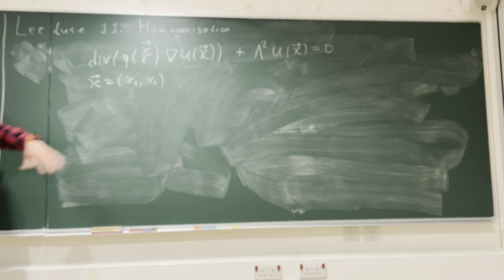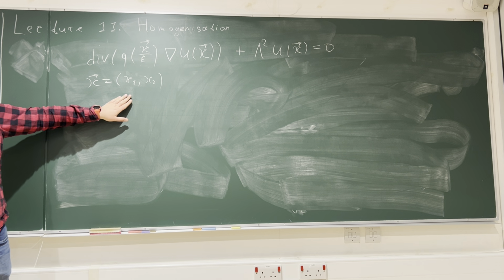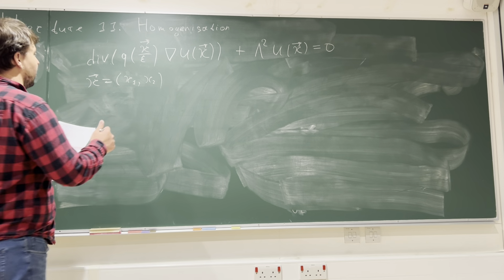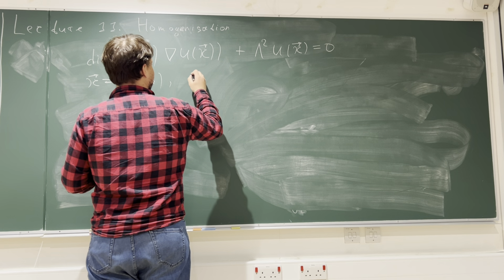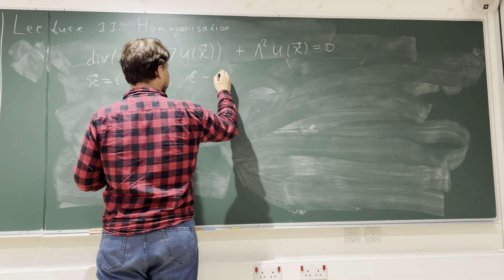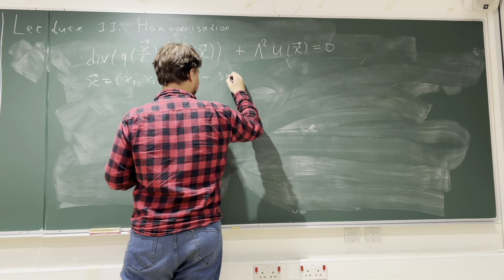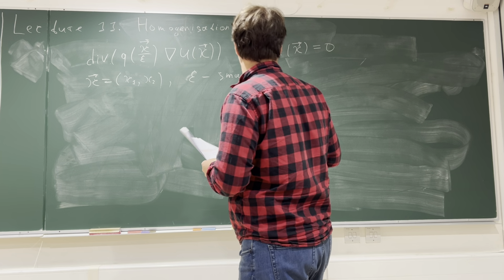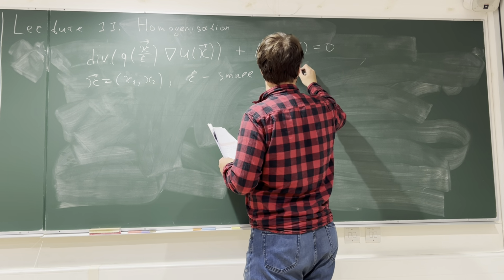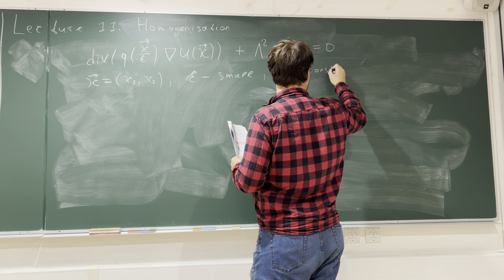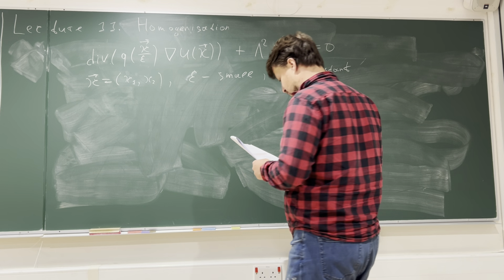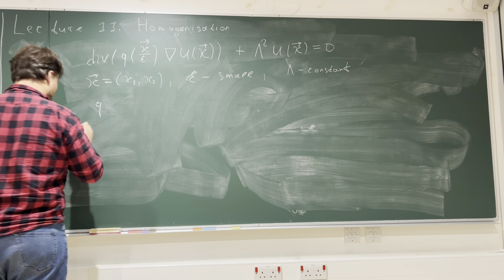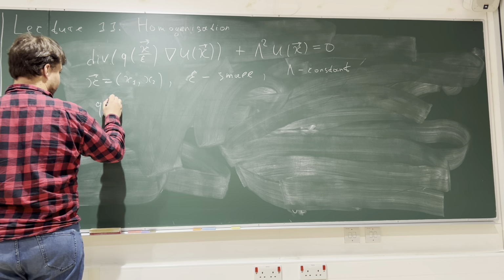I don't use x and y; I will use x1, x2 just for the sake of compactness. Epsilon is a small parameter, and this lambda is a constant. And the last thing, Q is periodic.